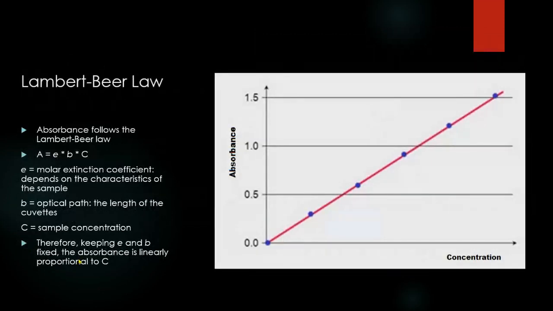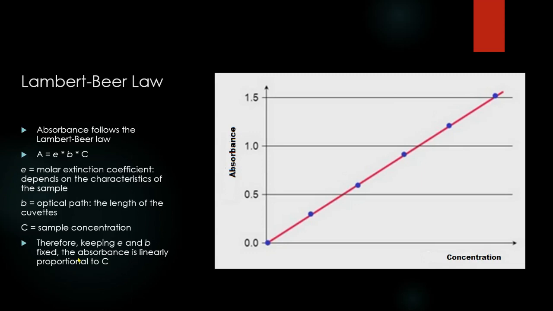Absorbance and concentration of a sample are related. You can imagine, for example, different solutions with different concentrations, with different colors. More intensity of the color means a more concentrated solution.